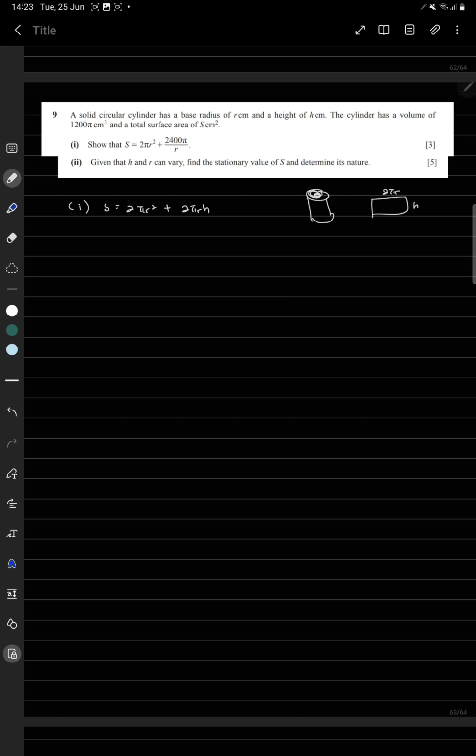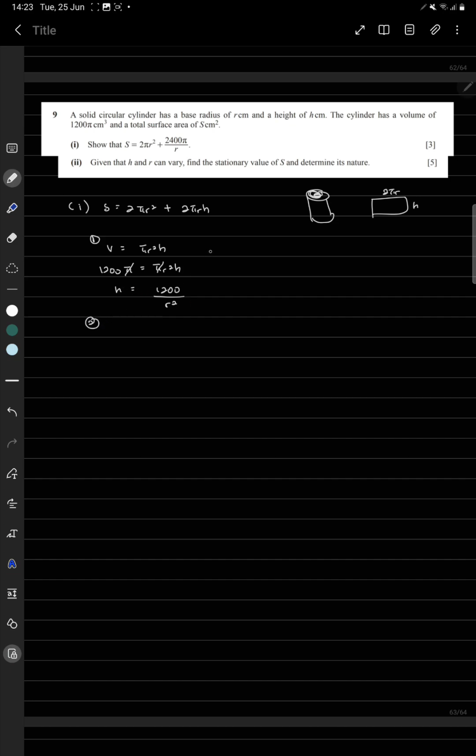Now, the problem here is that the question doesn't have any h, right? But in your equation it does have h. So what we're going to do is use the volume which is given to you, and the volume of a cylinder is equal to pi r square h. If the volume is 1200 pi, and you want to make h the subject, we can cancel this pi. h is equal to 1200 over r square.